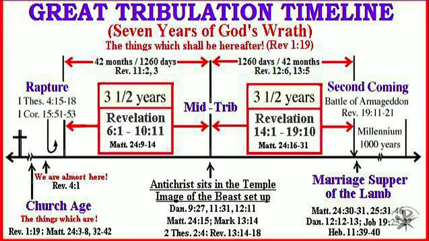Then after 1,260 days, 42 months, 3.5 years, we come to the mid-trib period. Now, the mid-trib period represents the time that the Antichrist, even though he has been around, he's the one that's actually negotiated this peace that has occurred during the first 3.5 years.